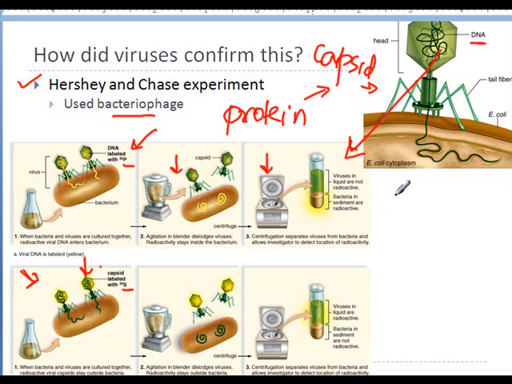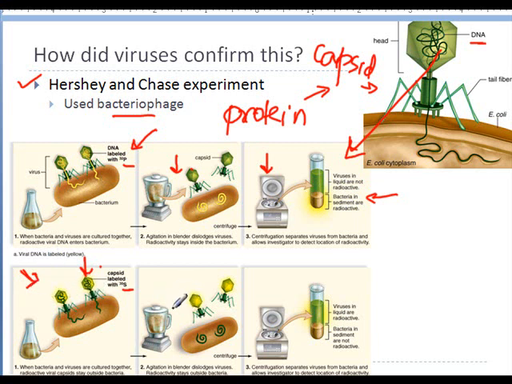If the radioactivity is present in the sediment, it was considered to be because of DNA, because there is more DNA down there, and that's why it was found that DNA must be the genetic substance.